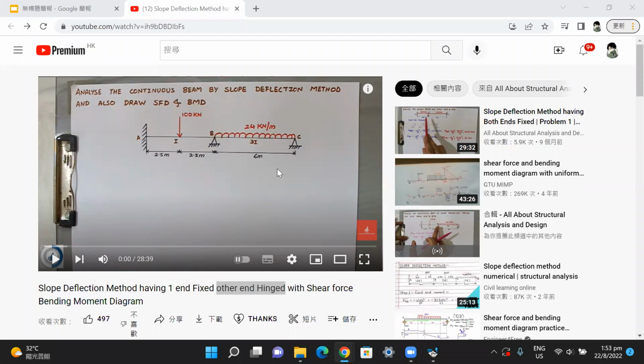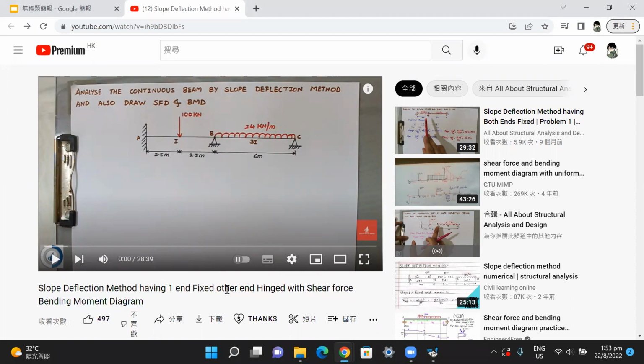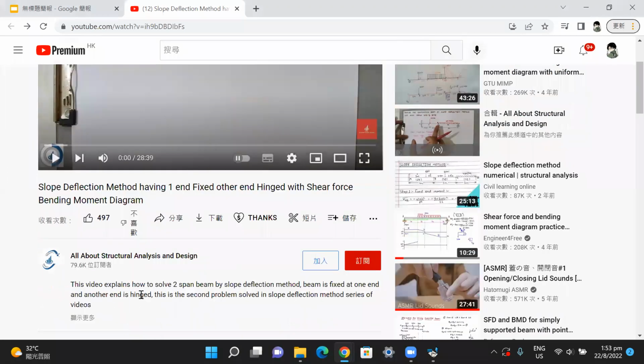In this video, I'm going to solve indeterminate beam problems, and I'll use this example taken from YouTube, called slope deflection method, having one end fixed, other end hinged with shear force bending moment diagram, which is from All About Structural Analysis and Design channel.